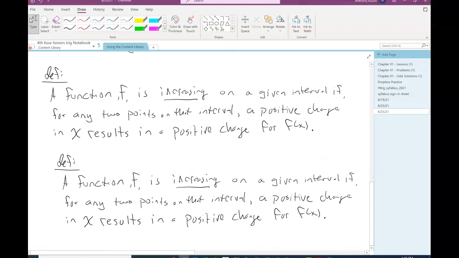The definition for decreasing is almost identical, except we're going to change 2 words. So increasing, I'm going to replace with decreasing, and the second time we use the word positive, I'm going to replace it with negative.